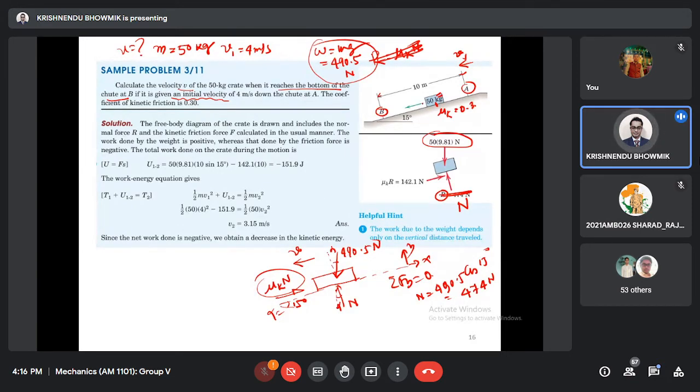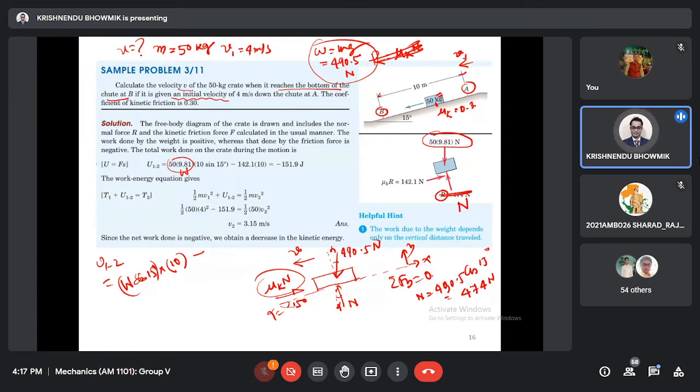Along these directions, if W is the force, and this is W, I should write this way. U12 equal to W sine 15 degree, that component, multiplied by displacement 10 meter, minus friction.